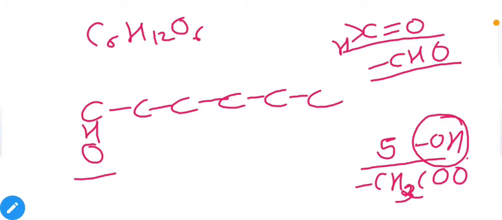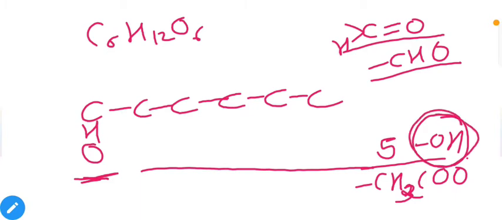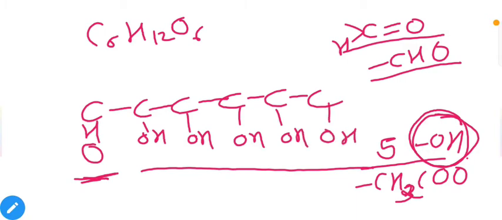Now already the first carbon is occupied with the CHO group and we only have 5 carbons left. So we can predict that all of these 5 OH groups are attached with each remaining carbon like this. Okay, so this is our structure up to this point.